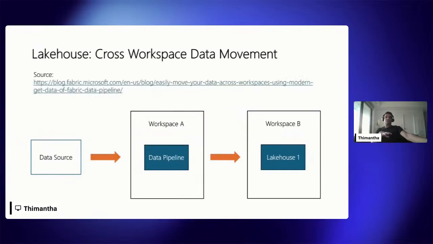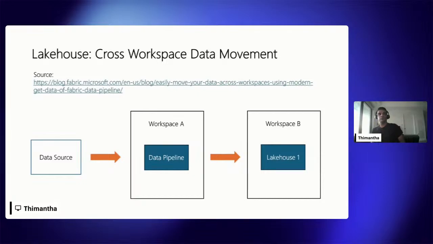Now, something I didn't cover is how these three options support the 1,000 item limitation. Cross workspace data movement, what does that mean? You don't need to have many lakehouses, but you can have a single central lakehouse that would move data across different workspaces.